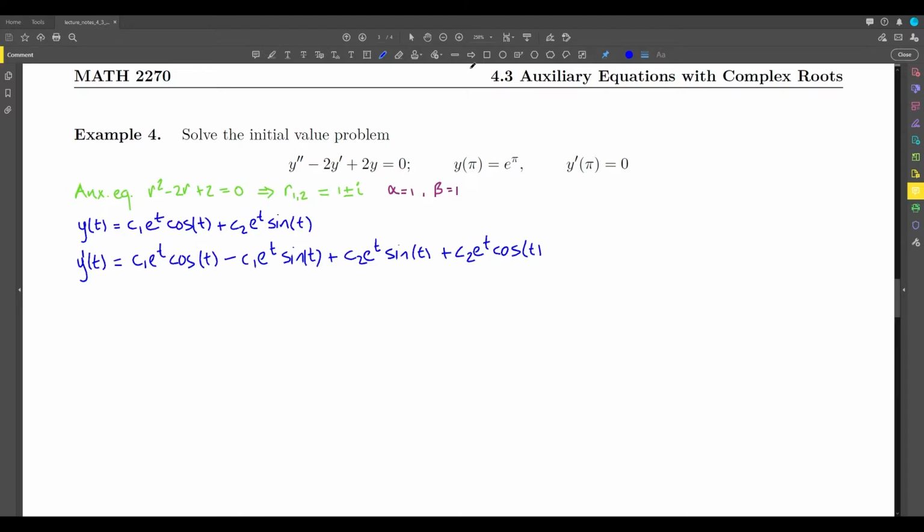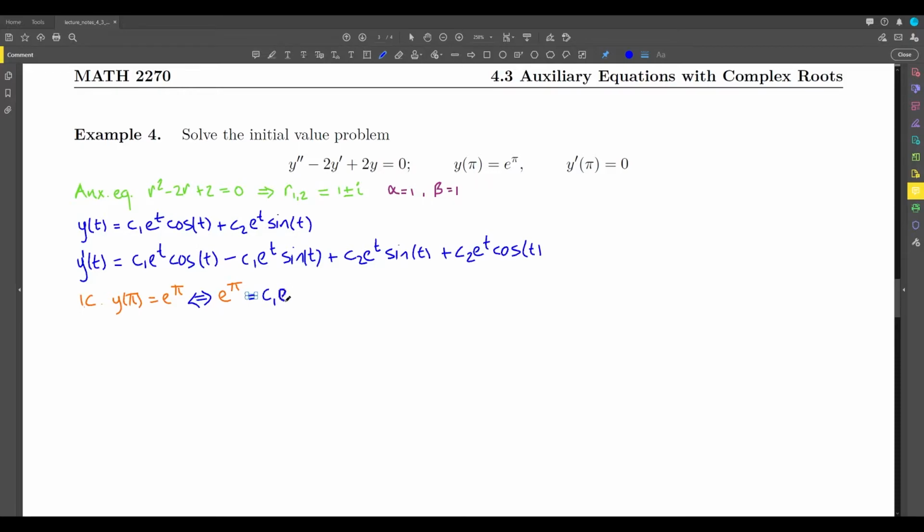Okay, the first initial condition is y of pi is e to the power pi. So that means that on the left-hand side, we can write e to the power pi, and then on the right-hand side, that is equal to, and we're going to plug in pi for t here.